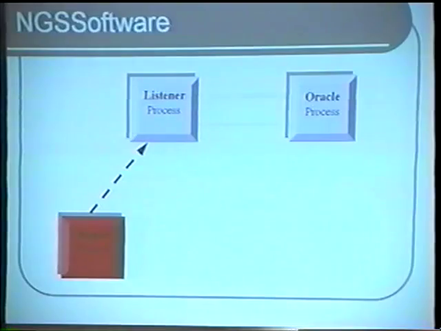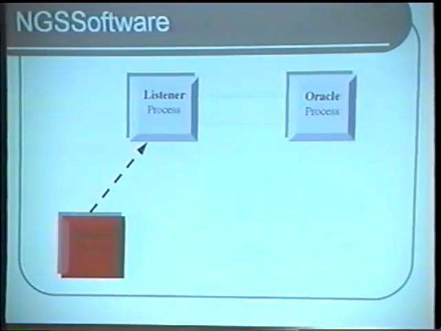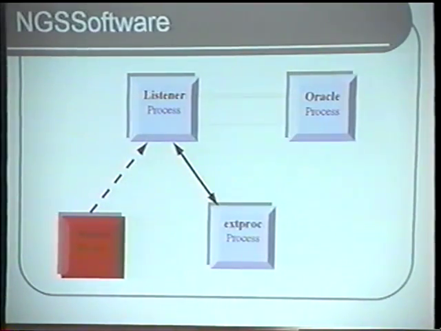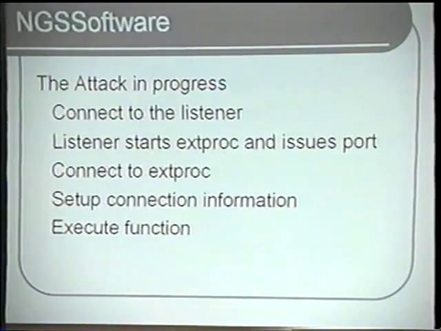Doing it this way, we don't need to authenticate. So we write an exploit program, the rogue process, that connects to the listener and says, I want to run an external procedure. And obligingly, the listener process starts extproc, and then the listener process tells us where to connect to. So we then directly connect to extproc.